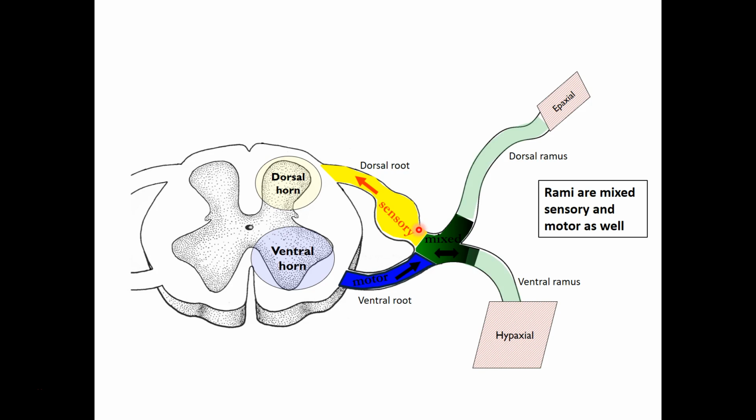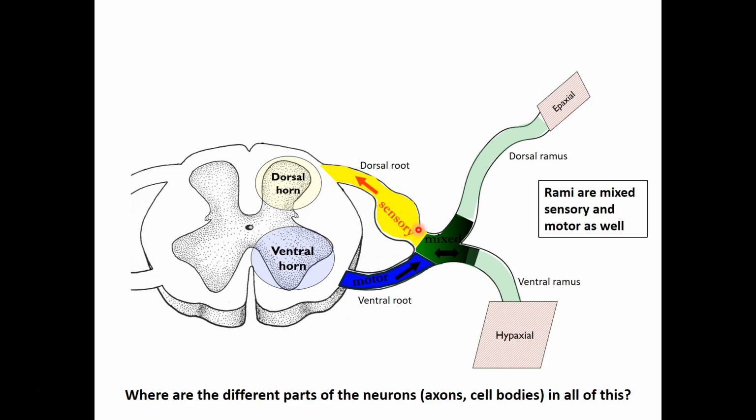So in addition to thinking about the pathways, we want to think about where the different parts of individual neurons are in all of this. So where are the different parts of neurons, axons, and cell bodies in all of this? And we really have not talked about nerve cells, so we're going to keep it very simple in this next diagram.